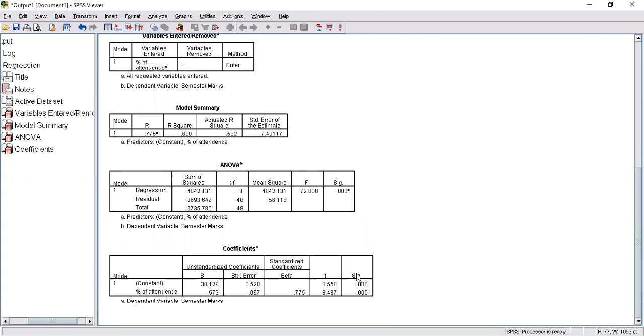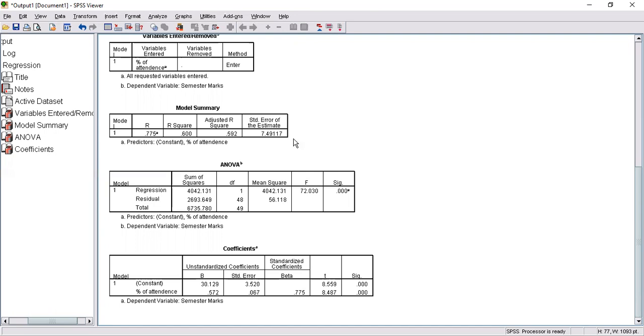And this regression equation is capturing 60% of the variation in the students' marks. So you can say that attendance plays a 60% role in bringing the change in the marks of a student, or the marks are being changed due to attendance by 60%.